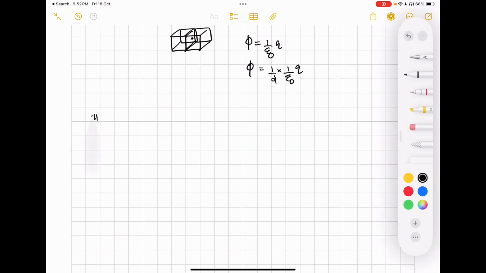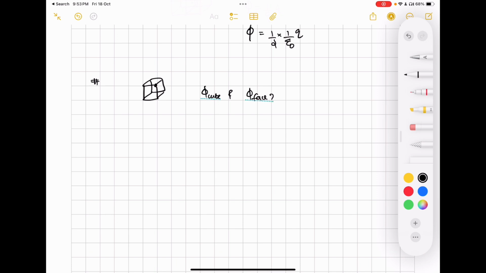So next question, suppose we have a cube like this, and we have one point charge at one corner of the cube. What is the flux through the cube and what is the flux through one of the faces? First we will enclose this charge by placing similar cubes around it.